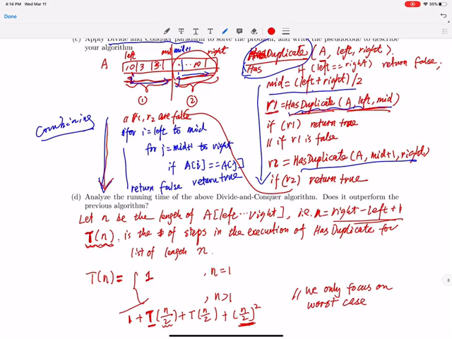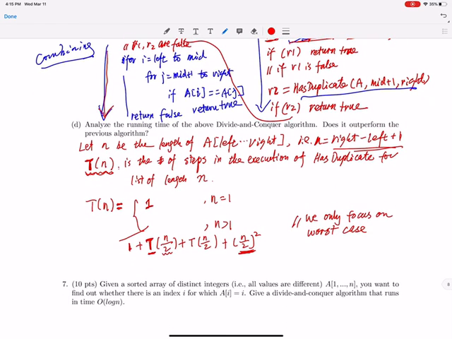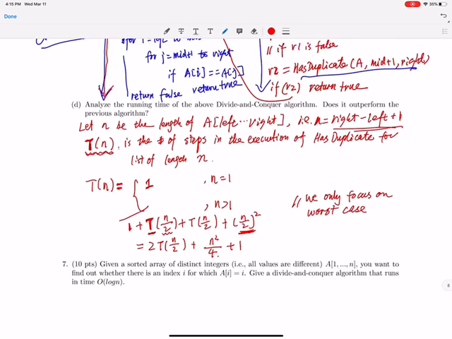For now, I'm assuming you know how to analyze this simple nested for loop. Let me simplify by combining the two T of n over 2 together, and this one becomes n squared over 4. There's a 1 here, but that will not change the overall complexity.